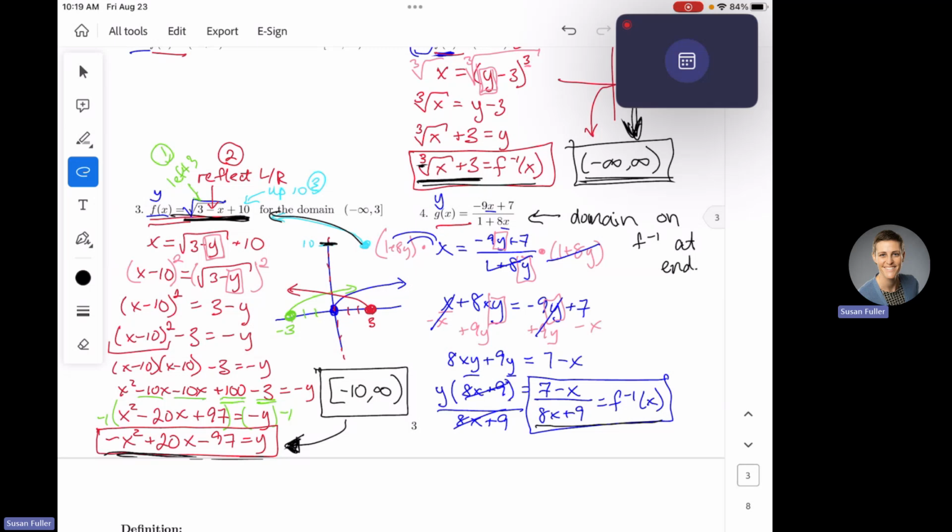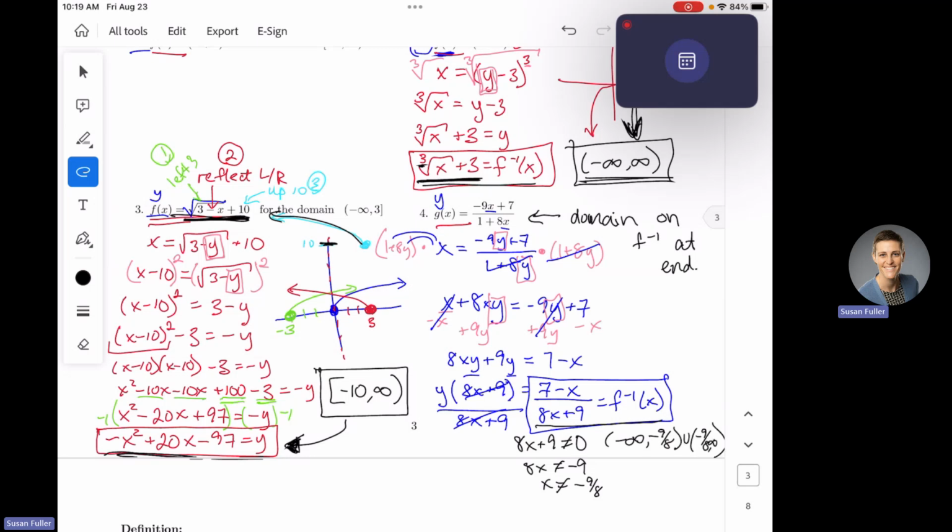Make sure that the stuff on the bottom, which is 8x plus 9, is not equal to 0. So if I solve for this, I'm going to subtract 9 from both sides, which says that 8x cannot be equal to negative 9, which says that x cannot be equal to negative 9/8, but it can be anything else. And so my domain here is going to be negative infinity to negative 9/8, union anything from negative 9/8 to infinity.